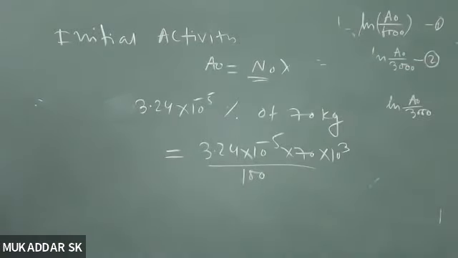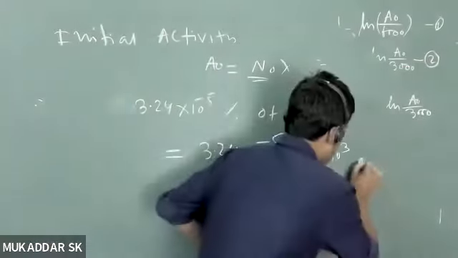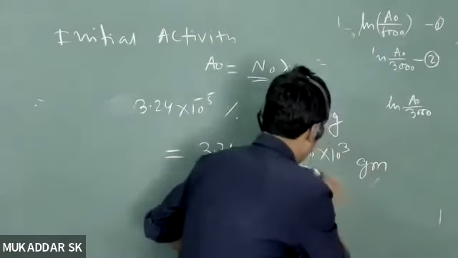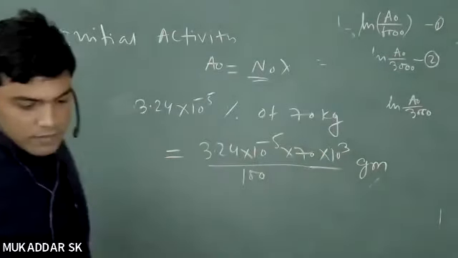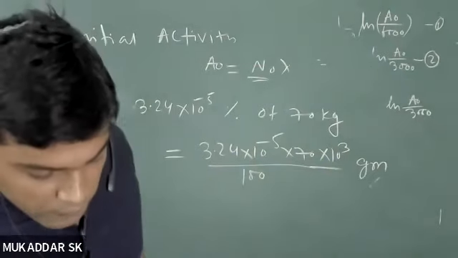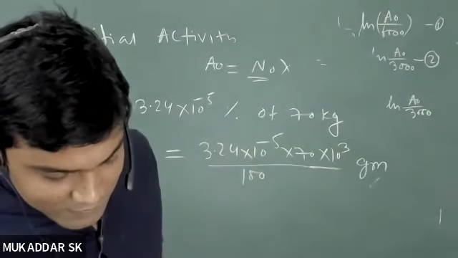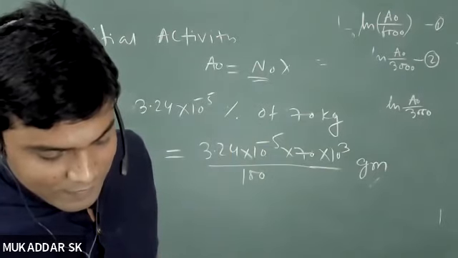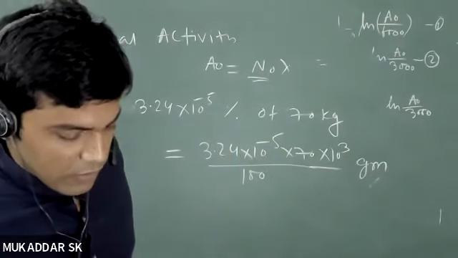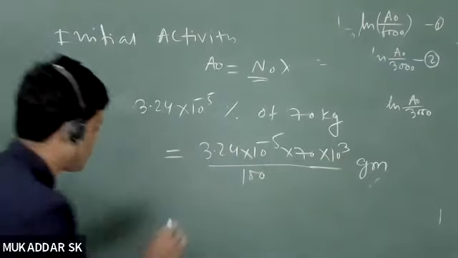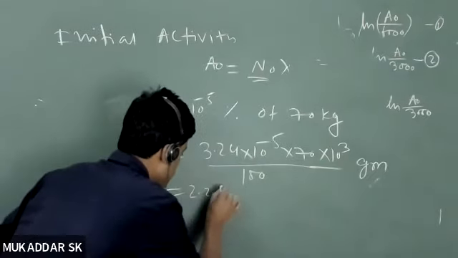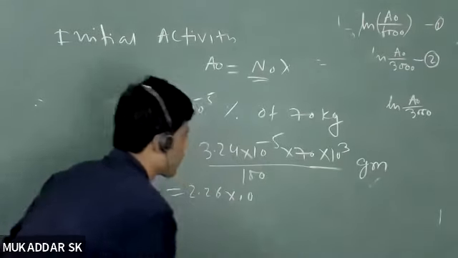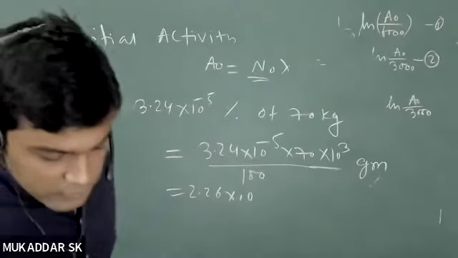So that will be 22.75 into 10 raised to minus 6, which I have found out in kg. If you calculate in gram, it will be 2.26 into 10 to the power minus 2 gram.